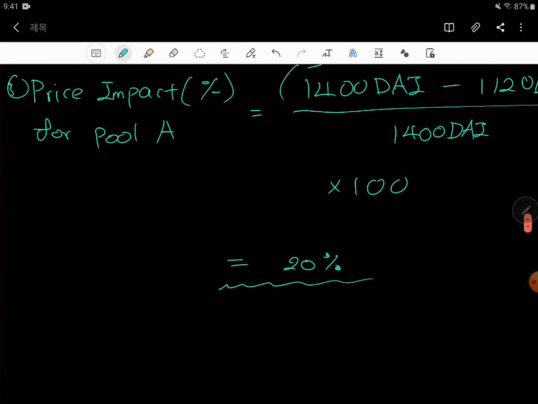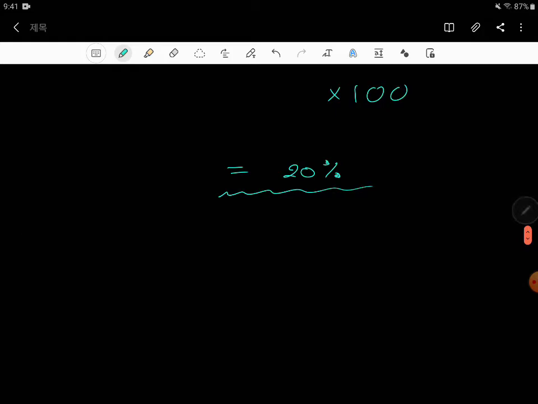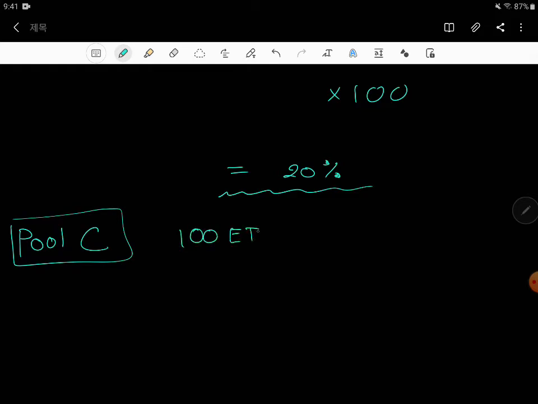So how about if we have a larger pool? Okay, let's say pool C. So it consists of 100 ether plus 280,000 DAI.